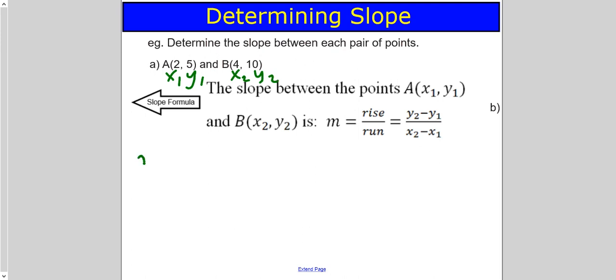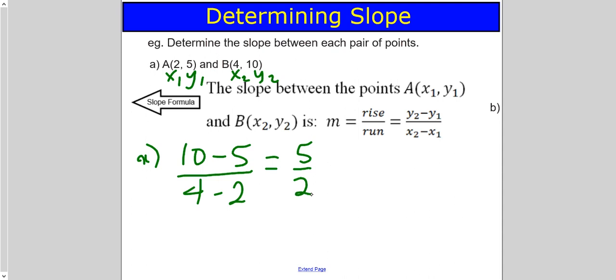So for the first one, I would have 10 minus 5 over 4 minus 2, which is 5 over 2. And that doesn't reduce down at all, so I can leave that as 5 over 2. It's positive, so I know that that's a line that's going up to the right. I guess that's a good thing to know.